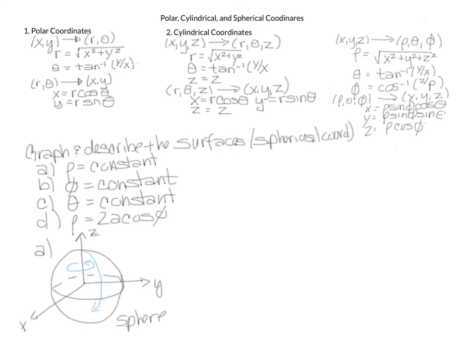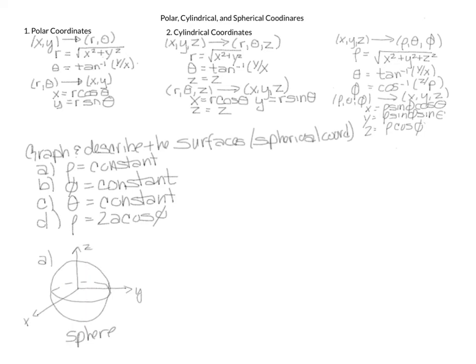The only restriction you have is that rho is constant, so you can go out far into space as long as you're equidistant from this center. You can almost imagine having a dog tethered in space to the space station by this leash, and he can float around anywhere as long as he stays within rho, which is the length of his leash.